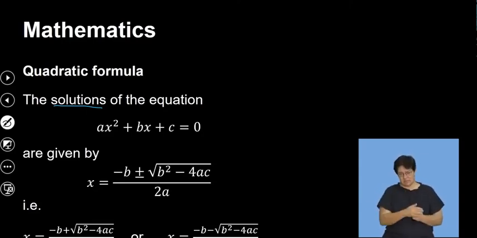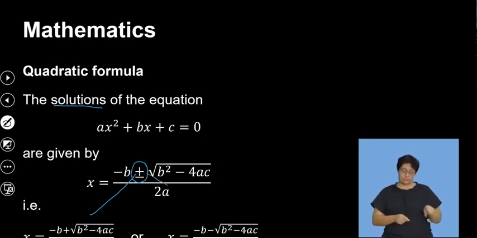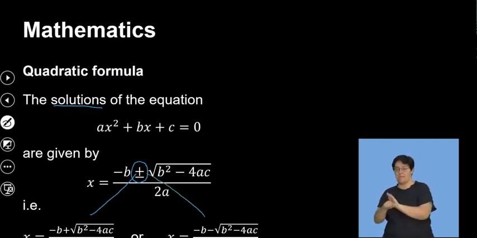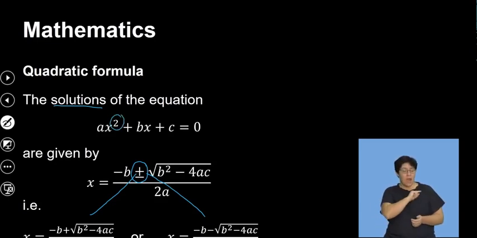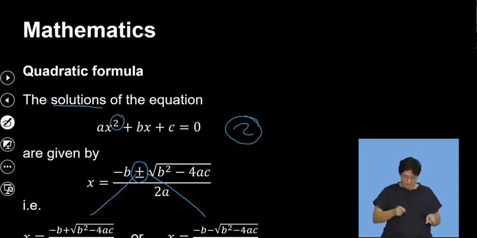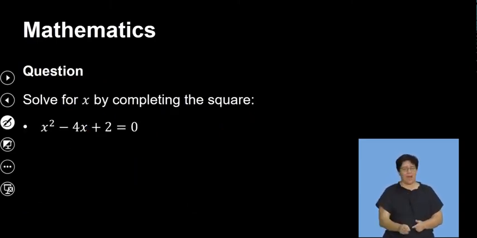So make sure you just understand it. Because of this plus or minus, you will have 2 solutions. One with the plus and one with the minus, right? So that's what makes it 2 solutions. Because I said to you, squared always tells you that you must have 2 answers, not 1. As soon as you have 1 answer, you have done something very wrong.